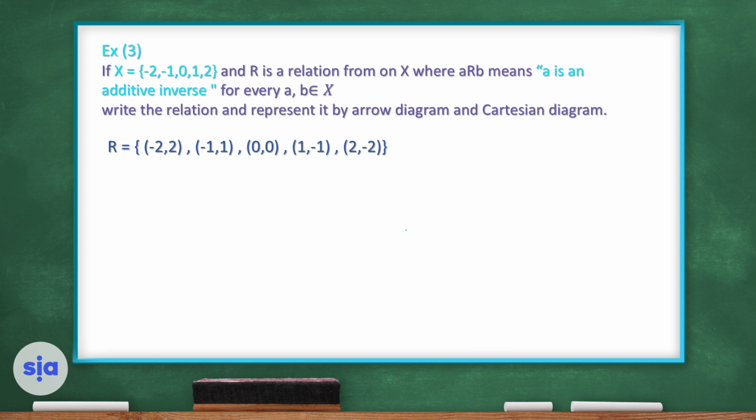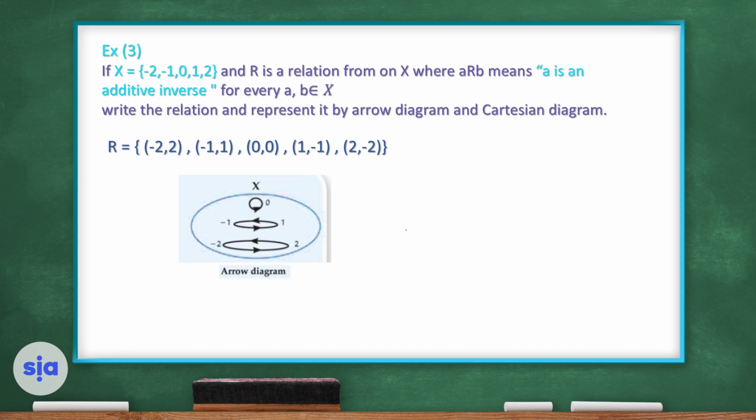Let's now represent this relation with an arrow diagram. As we said before, and we're repeating it again, if the number is repeated in the ordered pair like (1, 1), we make a circle on the 1. If it's (2, 2), we make a circle on the 2 or under the 2.